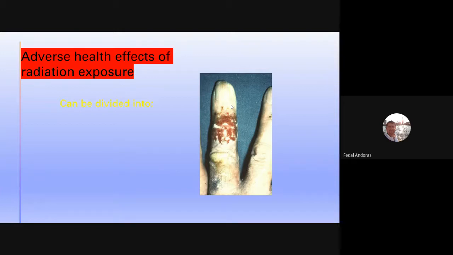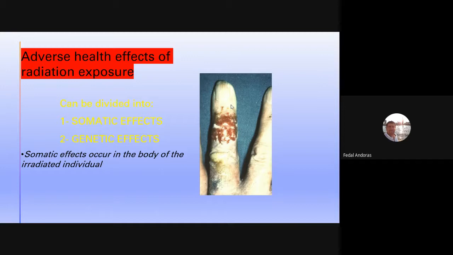So these health effects can be divided into somatic effects and genetic effects. From its name, somatic effects occur in the body of the irradiated individual.